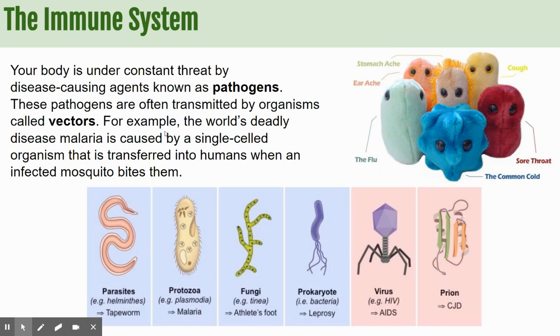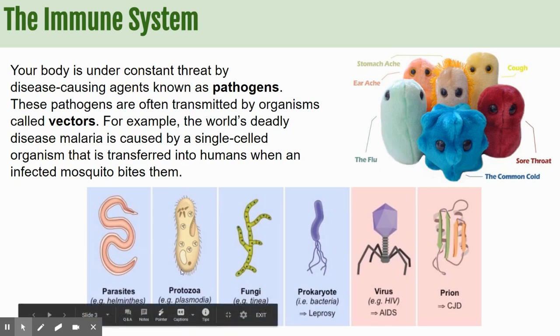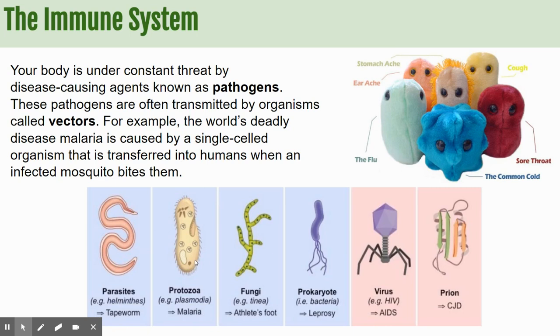An example of a vector for the disease malaria: the vector is a mosquito. A mosquito transfers the pathogen, which in this case is a protozoa, Plasmodia, into the human when the mosquito bites them. So the mosquito is the vector and the pathogen is a protozoa for malaria.